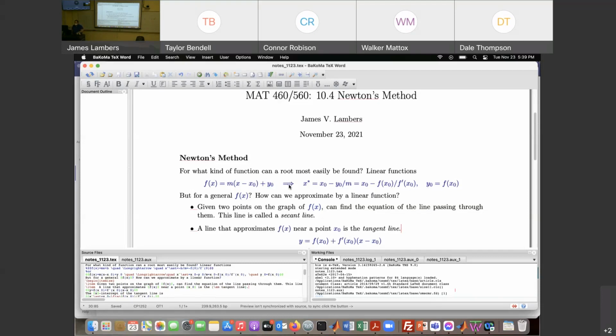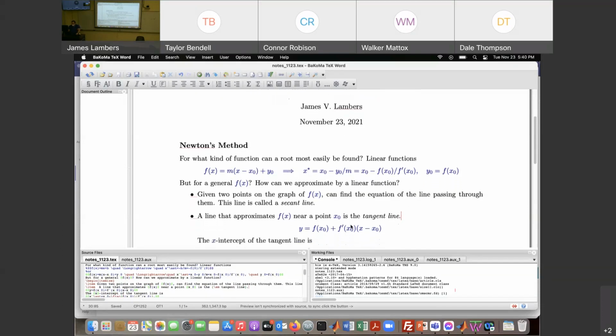Polynomials. So once you answer that question, the next question is, how do you then use that knowledge to handle the general case? Well, you approximate by one of those easy functions using one of these two approaches.